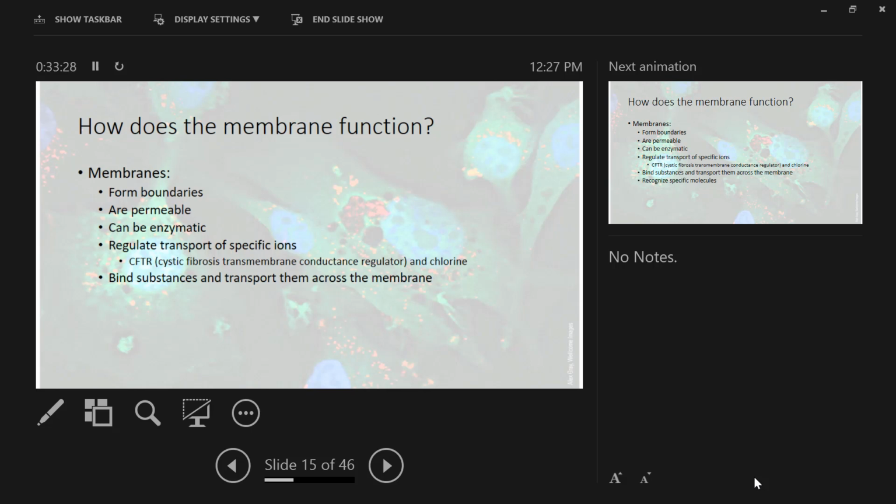Membranes can also bind substances and then transport them across the membrane, like glucose. We've got a glucose transporter that's exactly what it does. It binds glucose and allows it to diffuse through the membrane. Membranes can recognize specific molecules. What protein type is going to do that of our four?